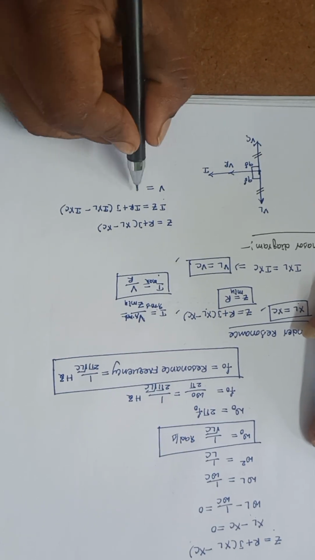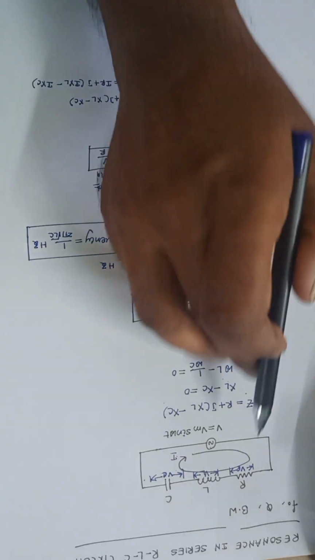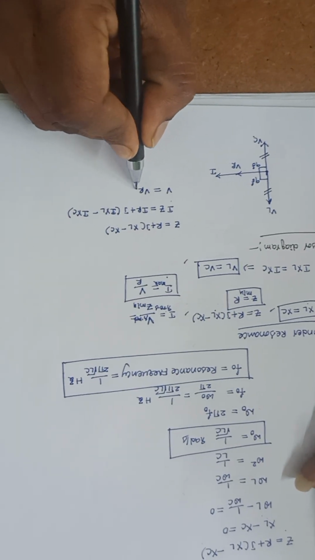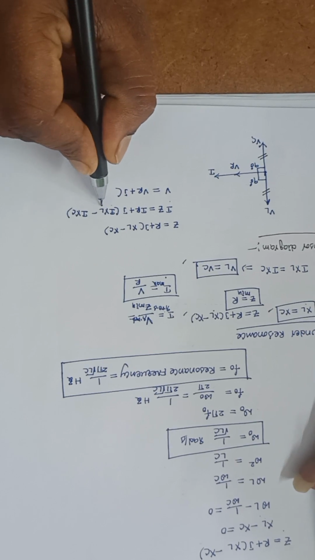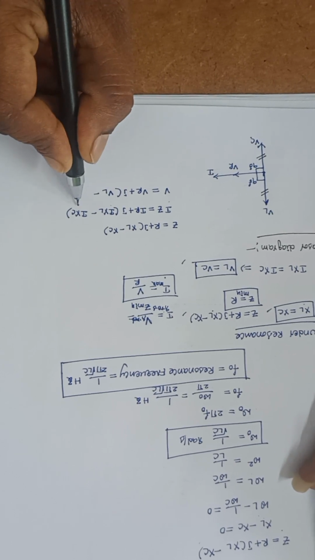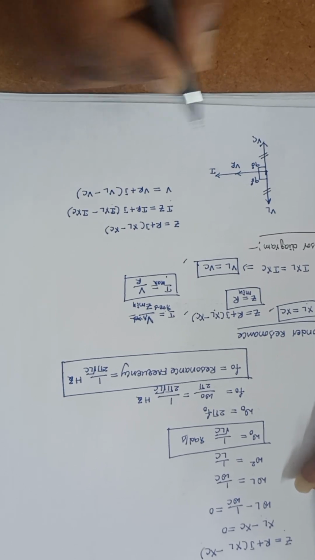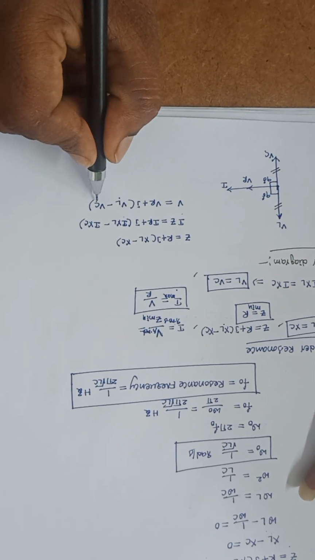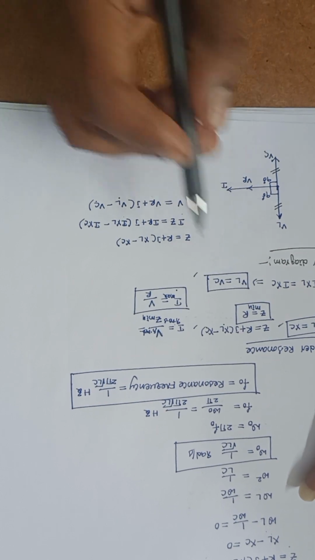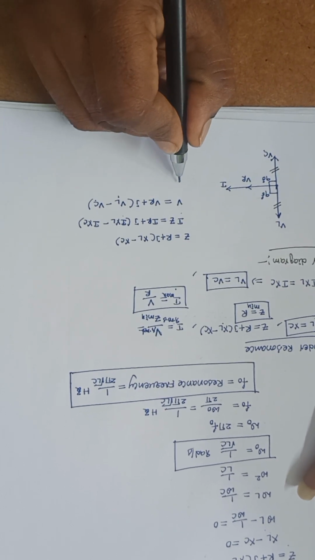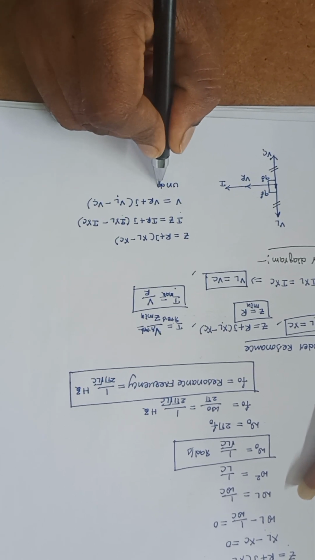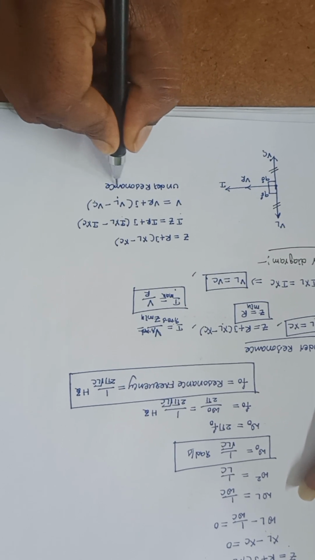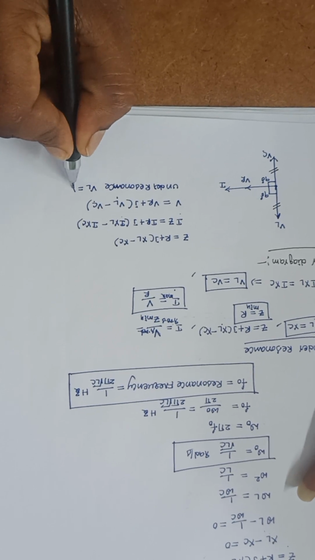So V is equal to I into R, the voltage across the resistance, that is VR, plus j times (the voltage across the inductance VL minus the voltage across the capacitance VC). Now under resonance, VL is equal to VC.